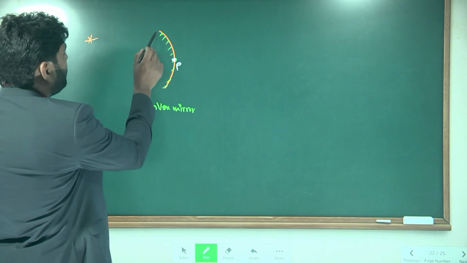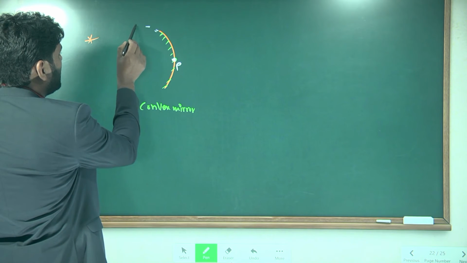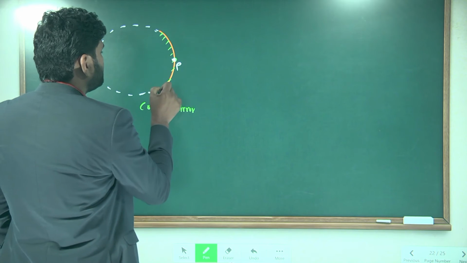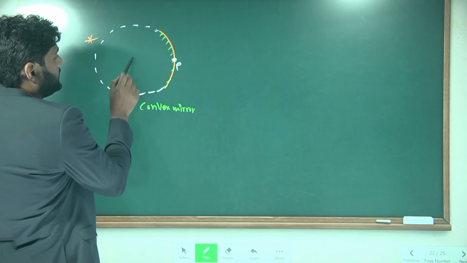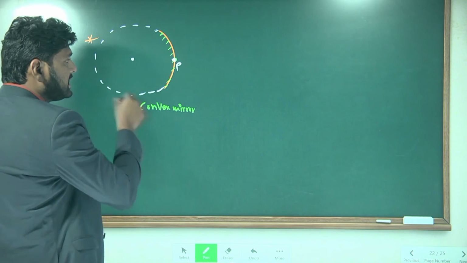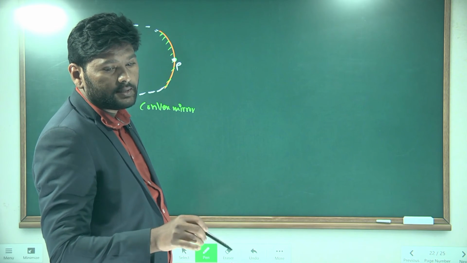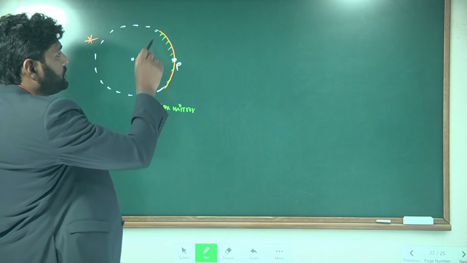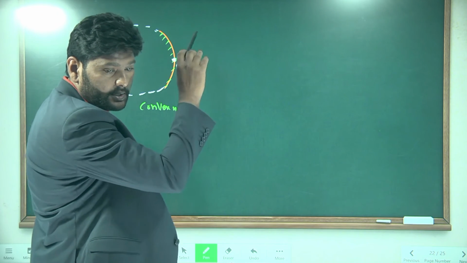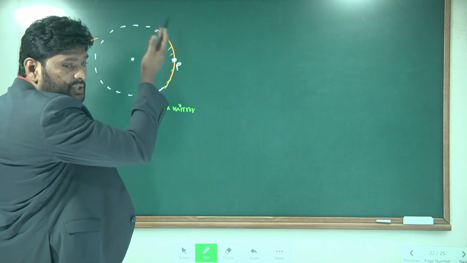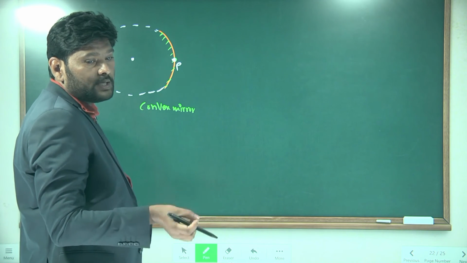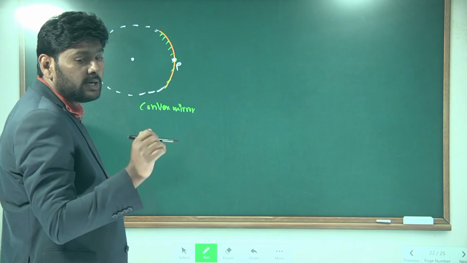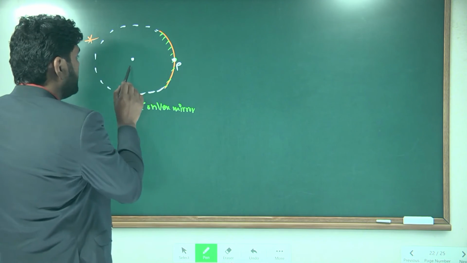Next, if you imagine the complete sphere by using the dotted lines, the center for this imaginary sphere is known as the center of curvature. This is known as C.